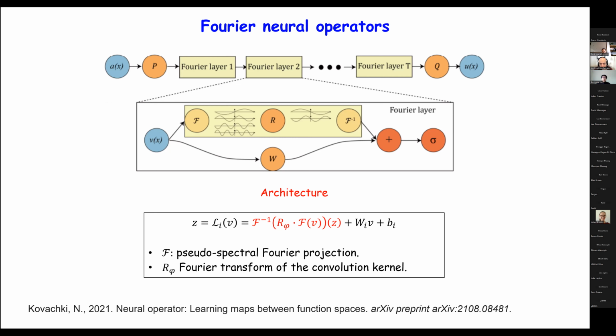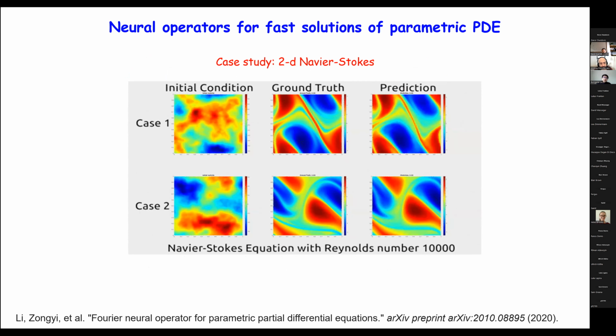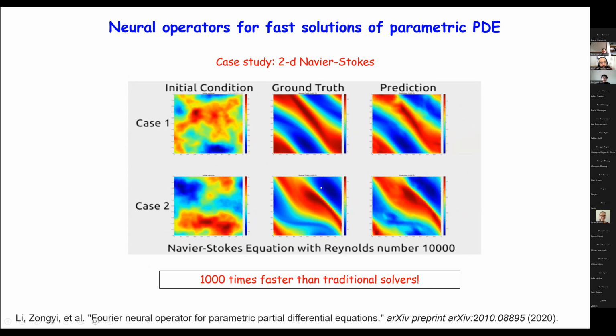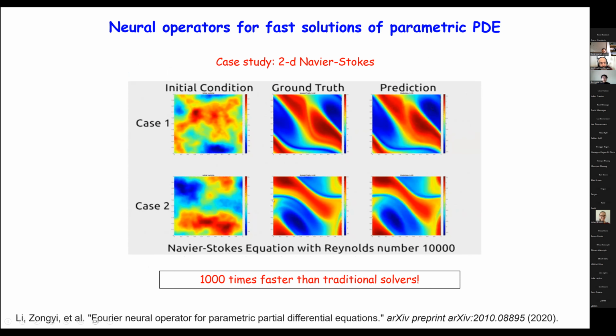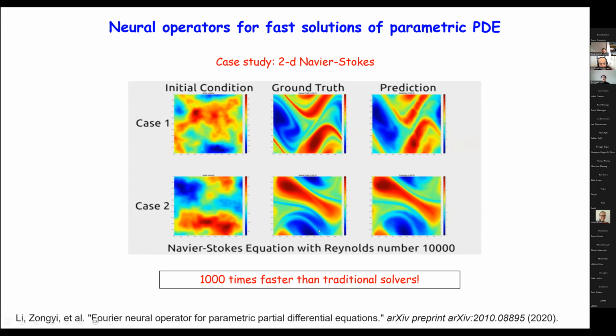So we have tried this architecture on a bunch of PDE scenarios. For example, what I'm showing here is a solution of the 2D Navier-Stokes equation, a velocity versus streamline vorticity type of 2D Navier-Stokes. I'm showing you two cases with different initial conditions, and in the left two panels here, I'm showing the vorticity plot of the field predicted using the numerical solvers, and in the right panel, I'm showing you the prediction learned by the Fourier neural operator.